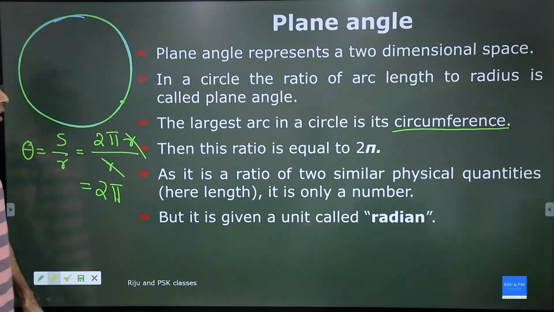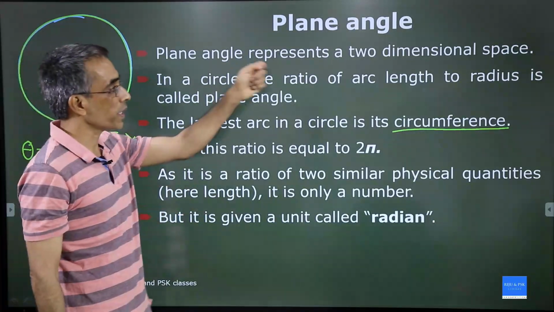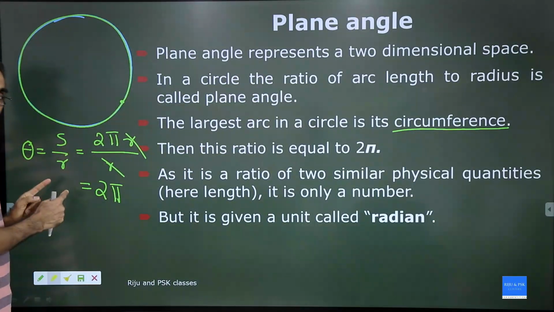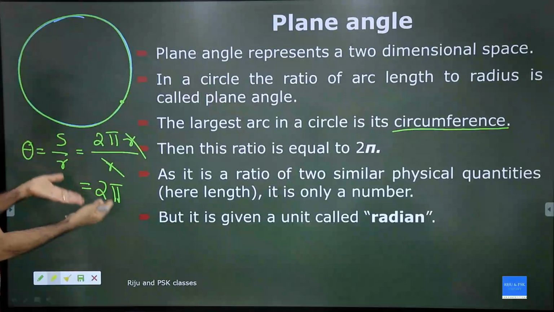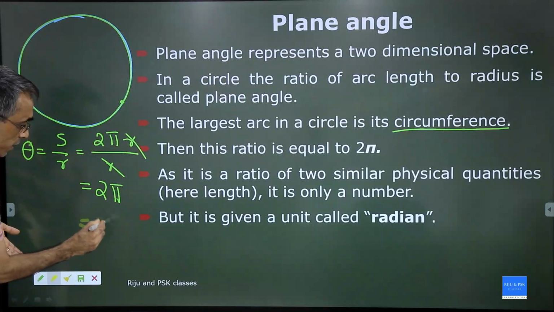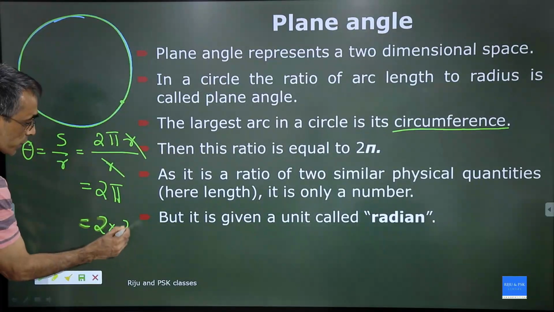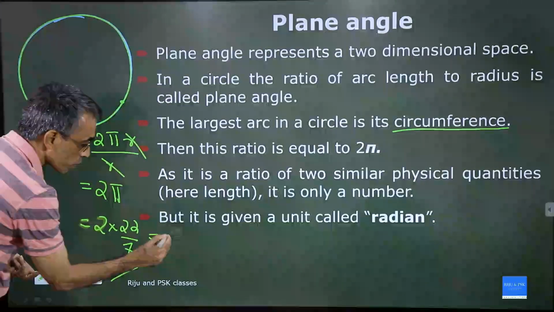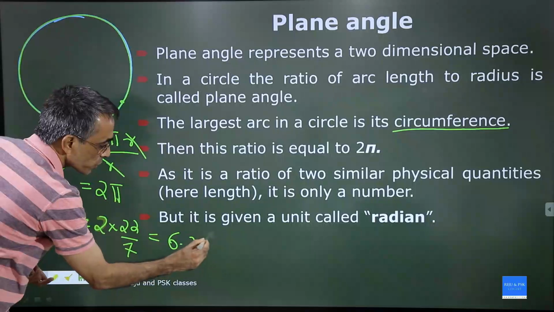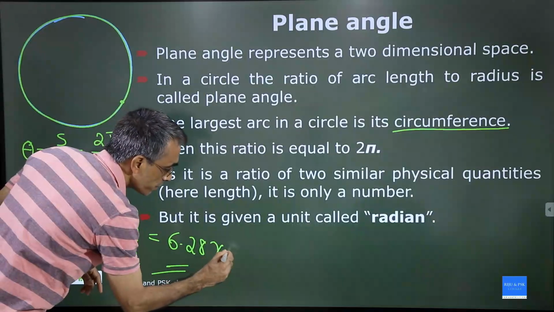So what is the angle for the full circle? See, what is plane angle? It is a ratio of arc length by radius, and I am doing this for the largest arc, and I get 2 pi, and 2 pi is equal to 2 into 22 by 7, approximately 6.28, and theta must be in the SI system unit, radian.